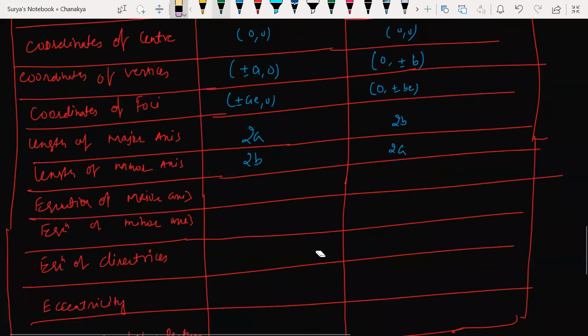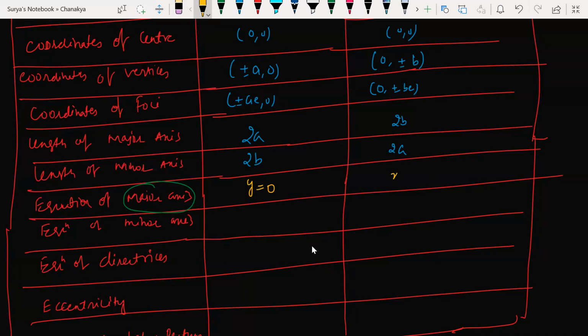Very simple. What is the equation of the major axis? In a horizontal ellipse, where is the major axis? On the x-axis, so y equals 0. Visualize it, guys, don't mug up anything.